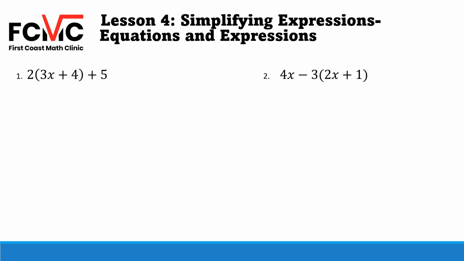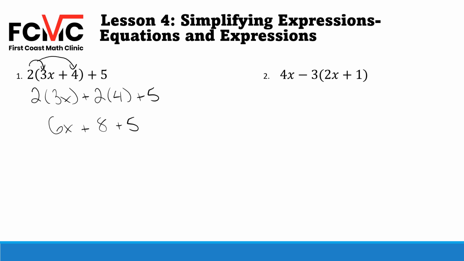Let's simplify numbers 1 and 2. Number 1, we've got 2 times the quantity 3x plus 4 plus 5. So first thing we want to do to simplify this is get rid of our grouping symbols. So we're going to distribute the 2 in the parentheses. So we'll have 2 times 3x plus 2 times 4 plus 5. 2 times 3x is going to give us 6x. 2 times 4 is going to give us 8.